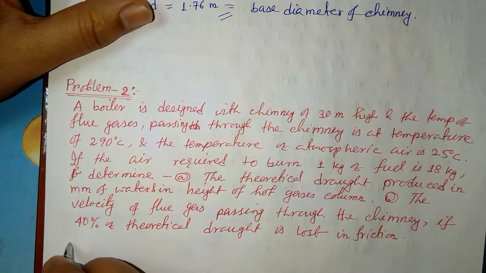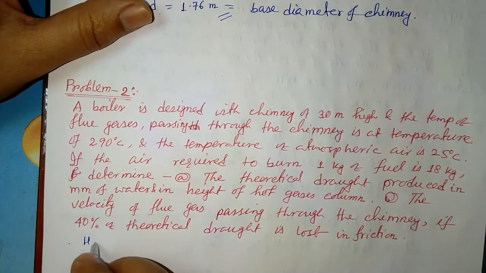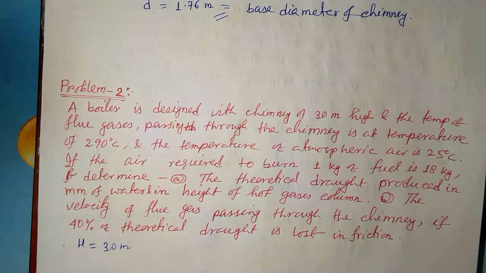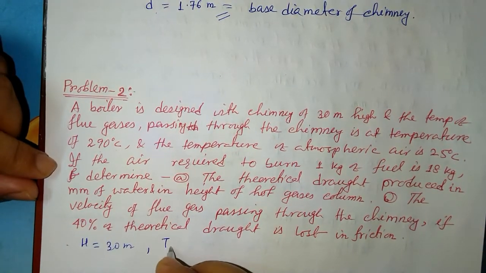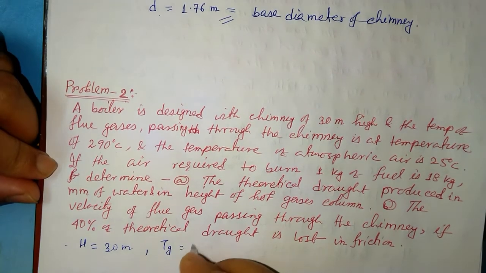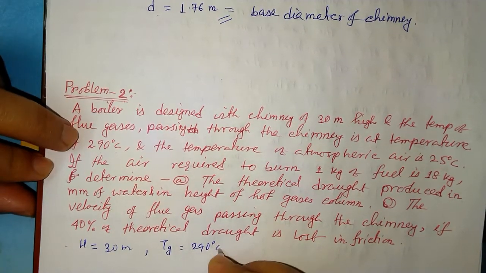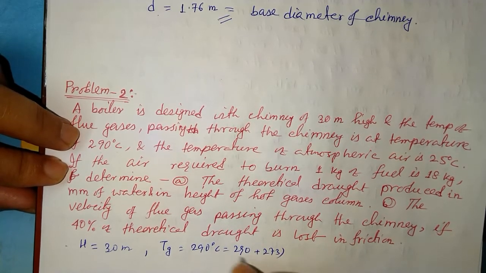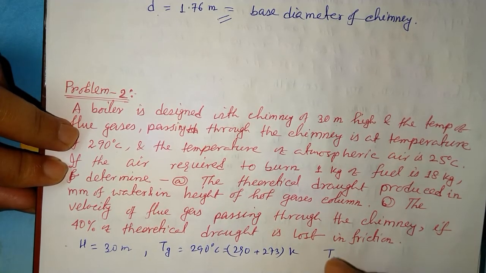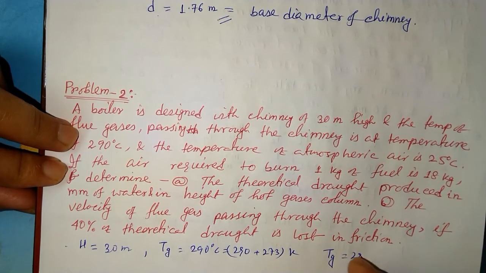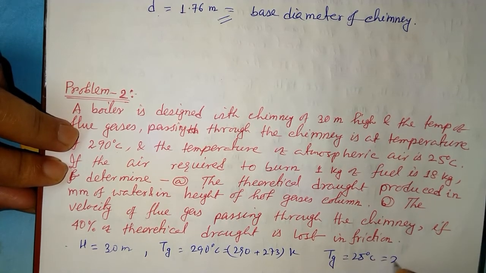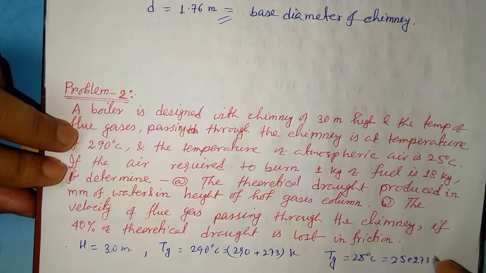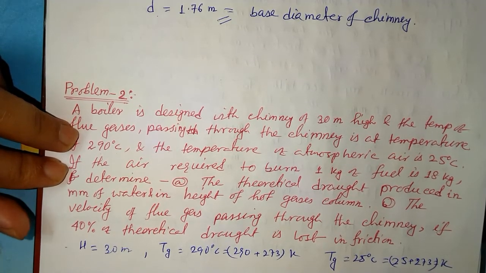So here the values are given. This capital H is given as 30 meter, temperature of hot gases Tg is given 290 degrees centigrade, so this is 290 plus 273 Kelvin. Similarly Ta is given 25 degrees centigrade, so 25 plus 273, this is also in Kelvin.